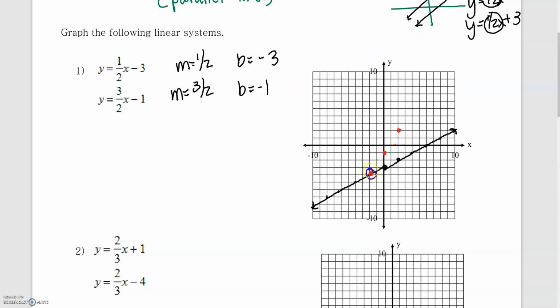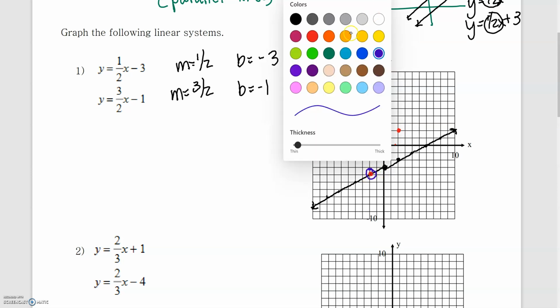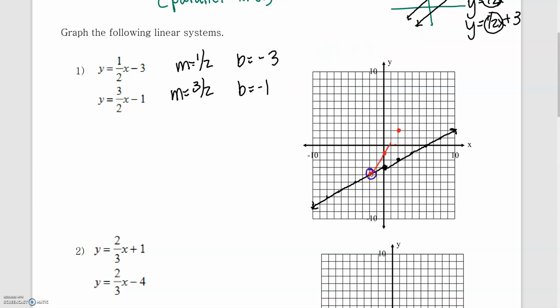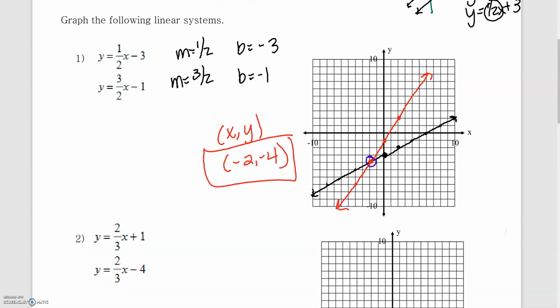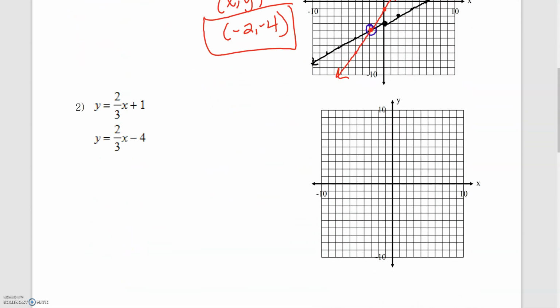All right, I'm going to circle it so you can kind of see it there, but let's draw my line. All right, so that point right there, we need our x and then our y, and that would be at -2, -4. So that is my solution. There's only one solution for number 1, and it's the point where they touch and intersect.